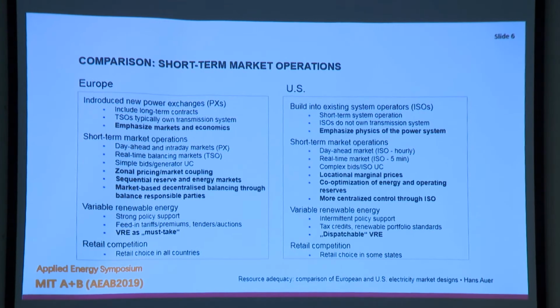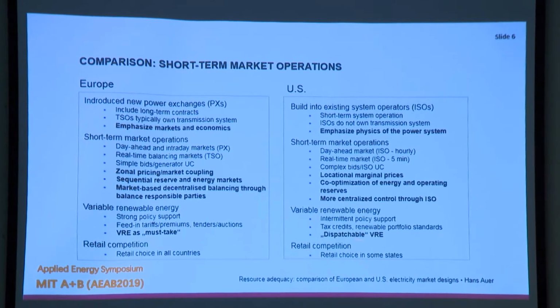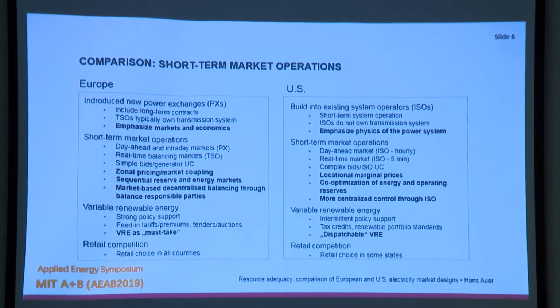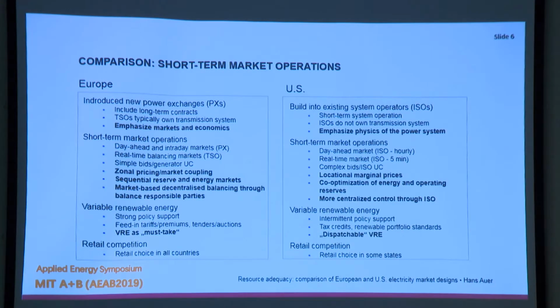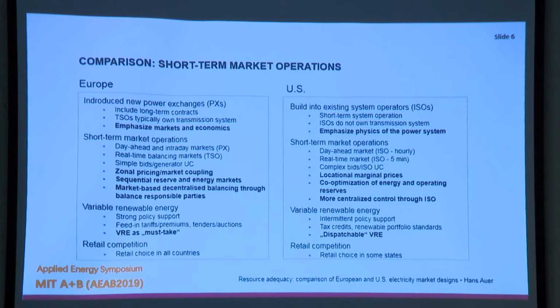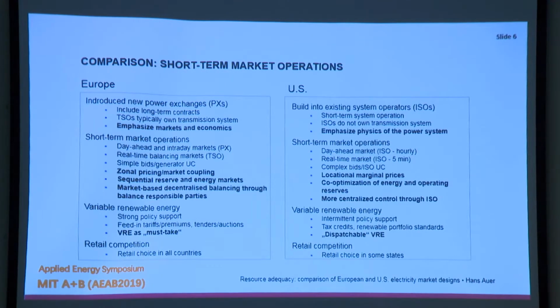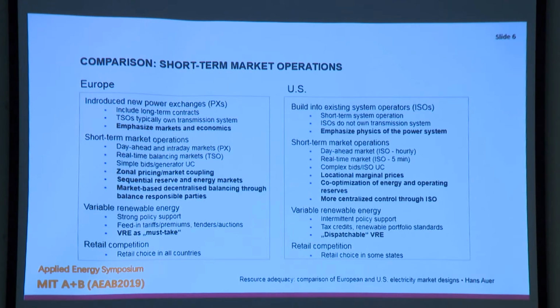Another significant difference is that in the US you have dispatchable renewables, and in Europe in the past we had priority dispatch of subsidized wind and PV, so it was must-take generation, and therefore, of course, this was a significant market intervention and a disadvantage for conventional generators.